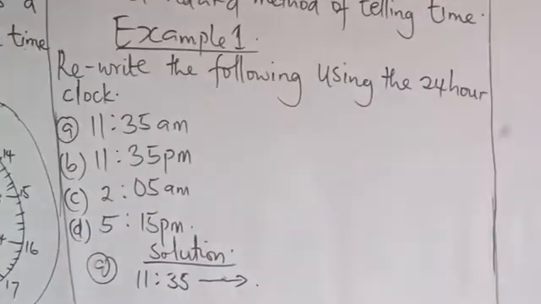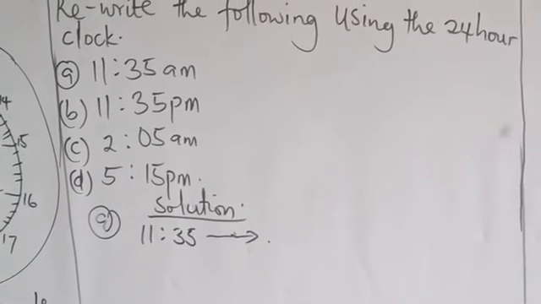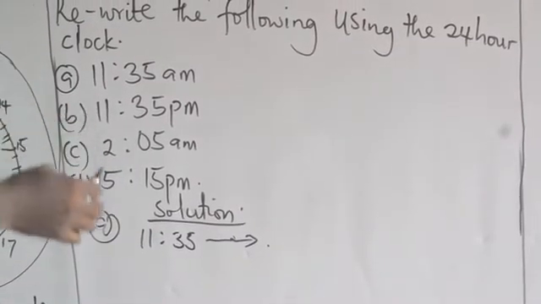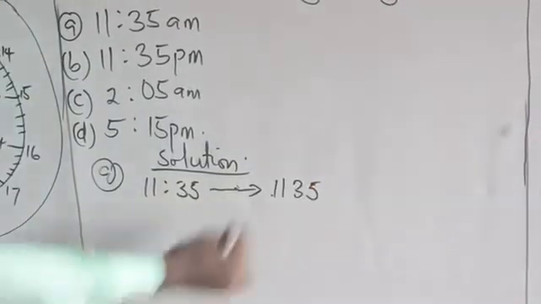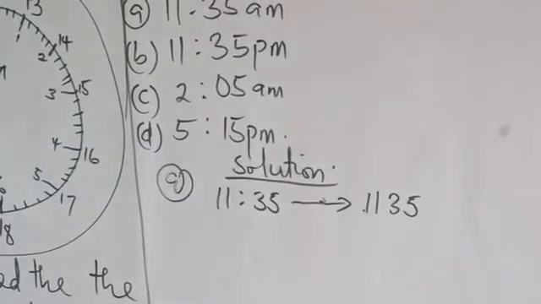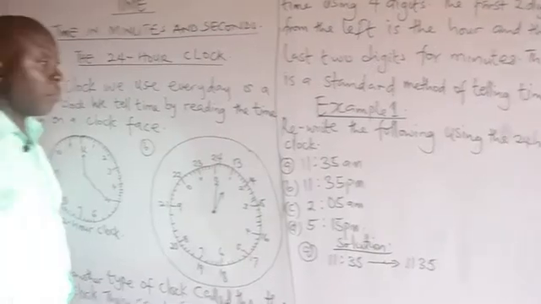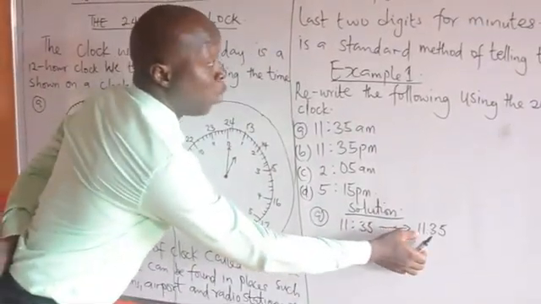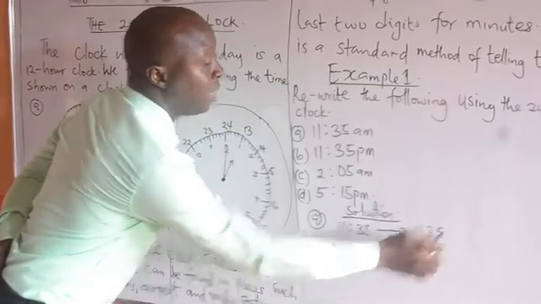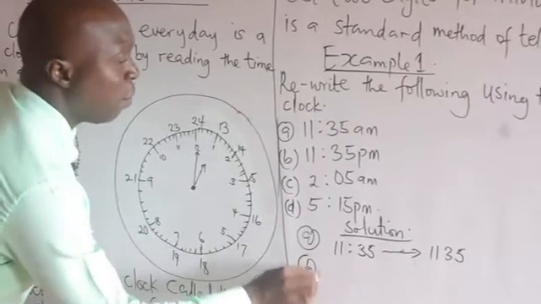So 11:35 a.m. is the same thing as 11:35 in the 24-hour clock.